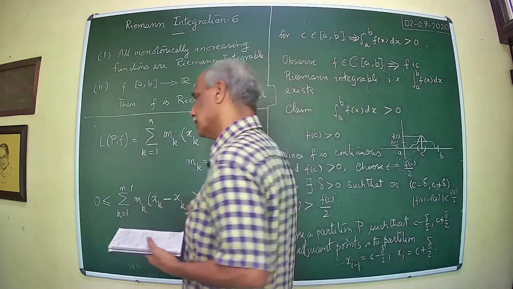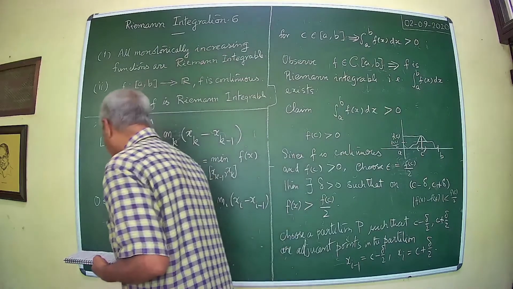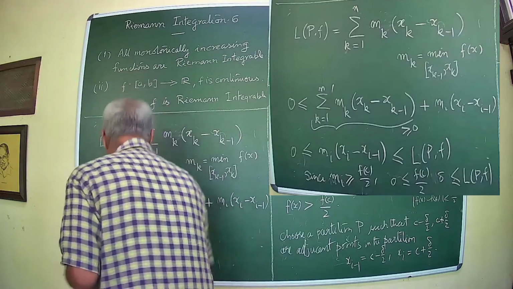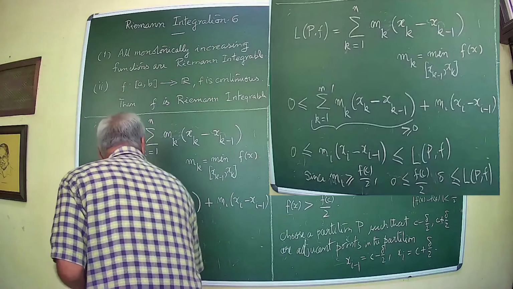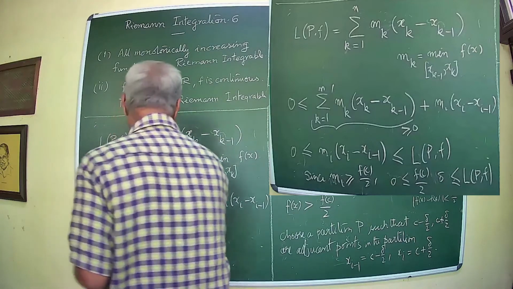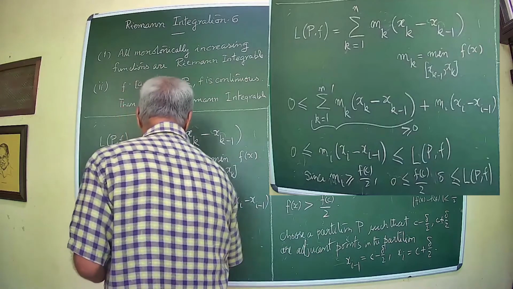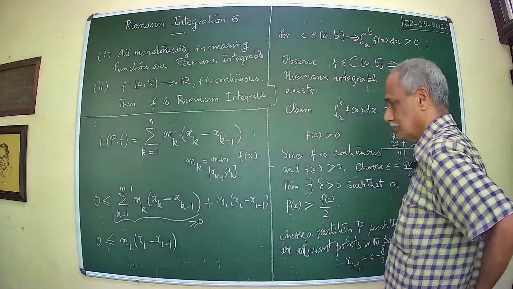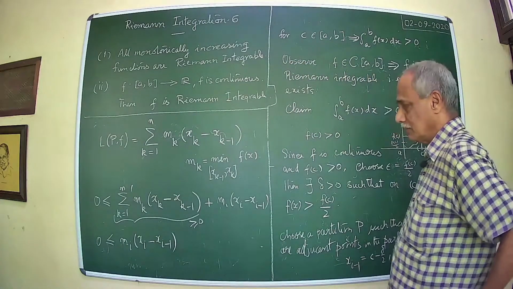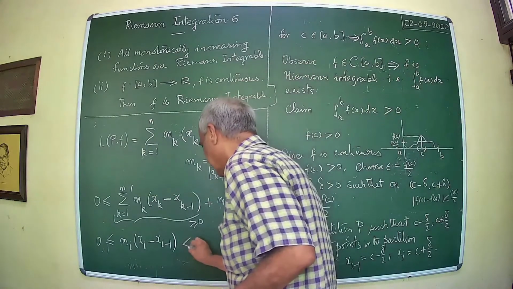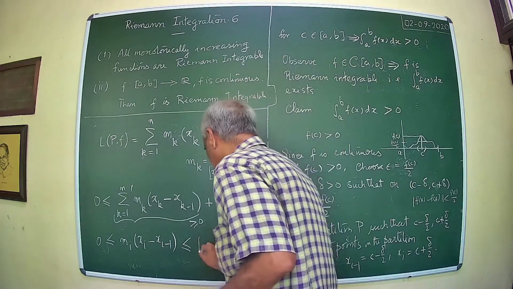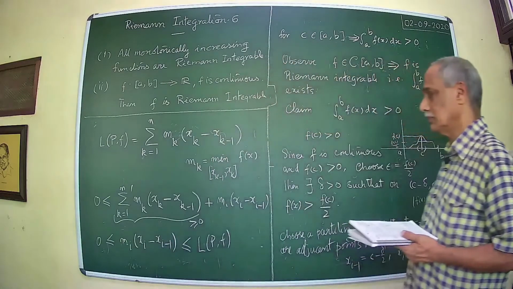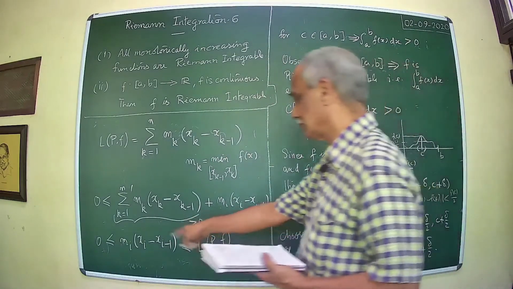Now this is anyway non-negative. Therefore, I have 0 is less than or equal to m_i, because f is non-negative.